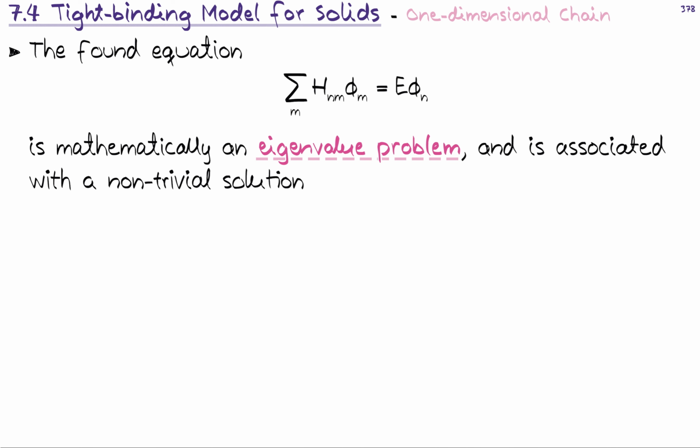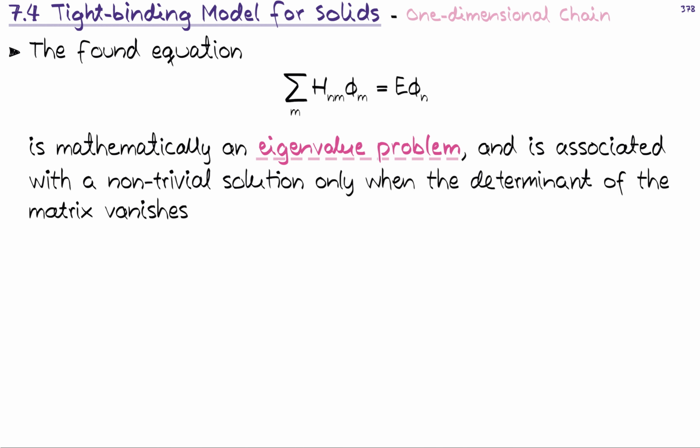This is associated with a non-trivial solution, a solution we are seeking, not just a zero vector, when the determinant of this equation vanishes. So we are now able to solve the system by finding a condition for the energy, that the determinant of the Hamiltonian operator minus E times the identity matrix is 0. This is how we solve the eigenvalue problem.